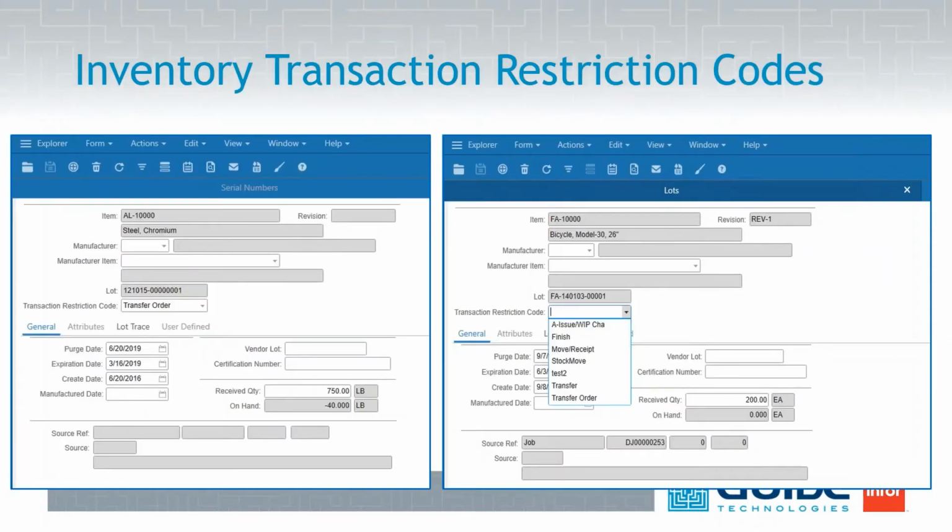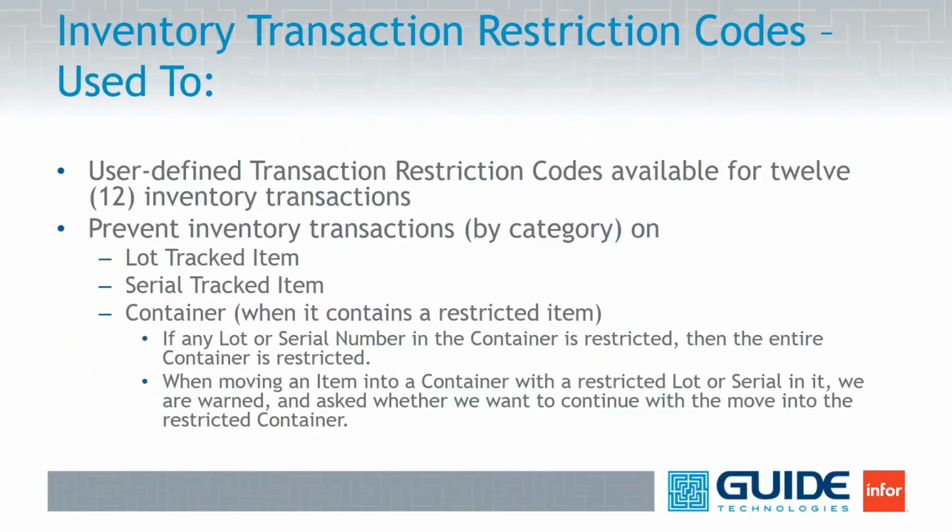Inventory transaction restriction codes. This is something that's pretty powerful and it's been a long time coming. You can see here an example of a serial number form on the left and a lot number form on the right. And there's a new field there called transaction restriction code. What in the heck is that? Well, there are 12 transaction restriction code areas.